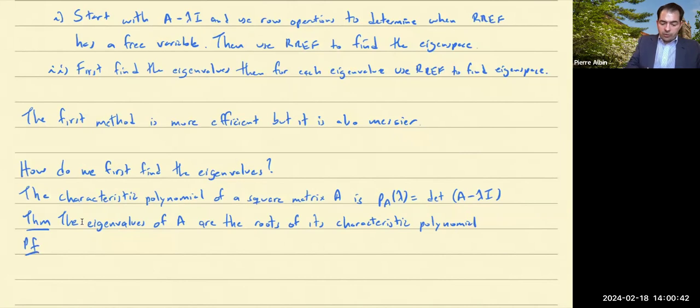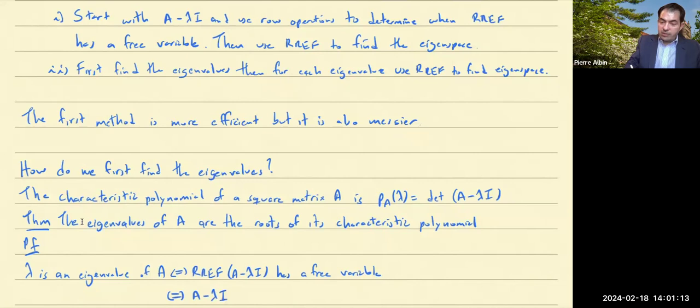Okay, so here's the proof. Lambda is an eigenvalue of A if and only if a reduced row echelon form of A minus lambda times the identity has a free variable, which is equivalent to saying A minus lambda times the identity is not invertible.